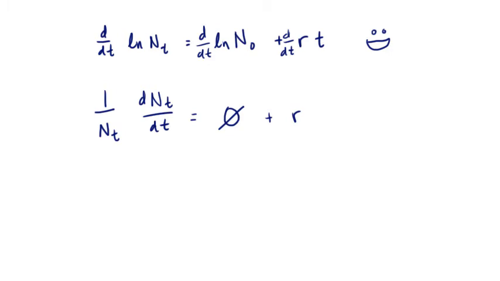Multiplying both sides by n sub t, the rate of change of the population size, that's population growth rate, dn dt, is equal to the population size n times r. There's no need for that subscript anymore because the n sub 0 term has disappeared from the equation. And the subscript was really necessary only as long as we were looking at a time relative to a reference point of t equals 0.